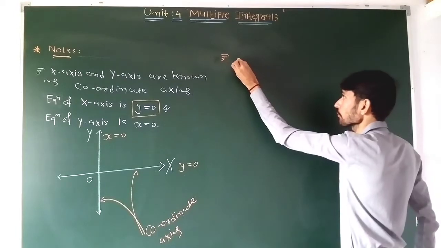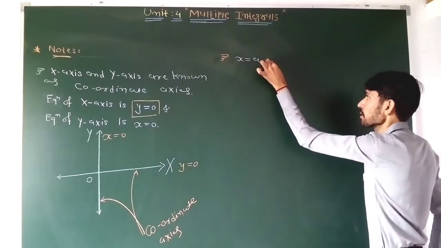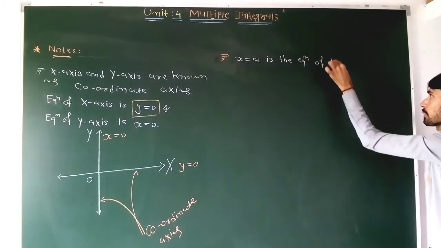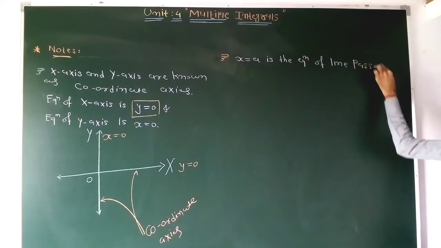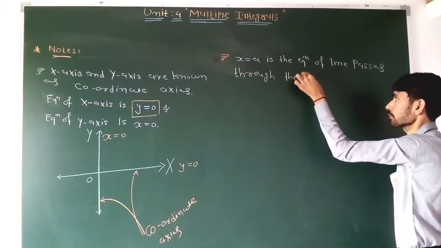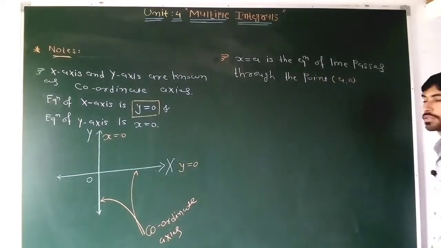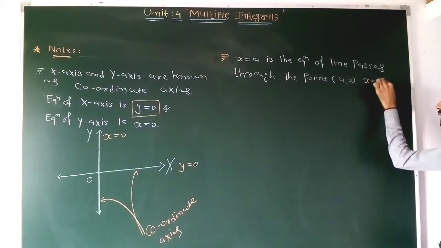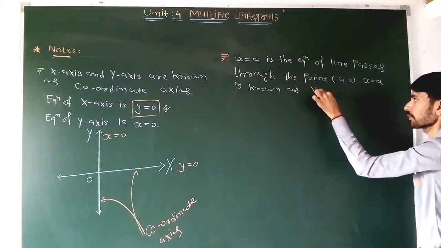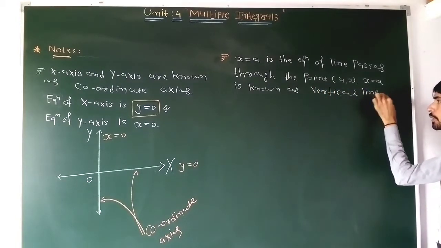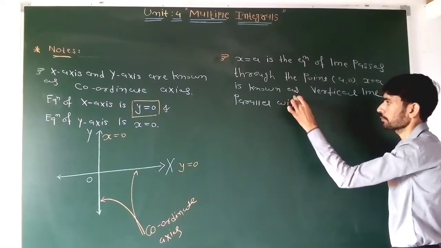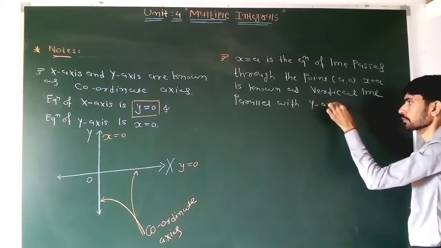Second note is: x is equal to a is the equation of a line passing through the point (a, 0), and x is equal to a is known as a vertical line, parallel with the y-axis.